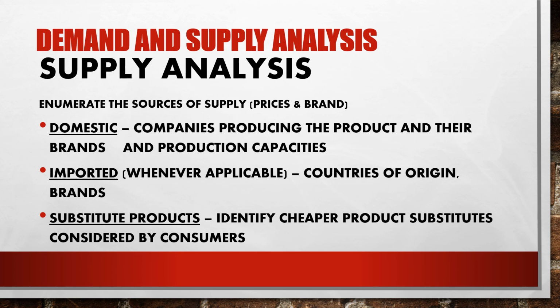So, pwede nating makuha yan doon sa volume ng production ng mga companies producing the product here in the Philippines and also in other country. Basta yung produkto natin ay meron tayong competitor or meron tayong nagpo-produce niyan dito sa Pilipinas or galing man sa ibang bansa, binebenta dito sa Pilipinas, kasama yan sa supply analysis natin.